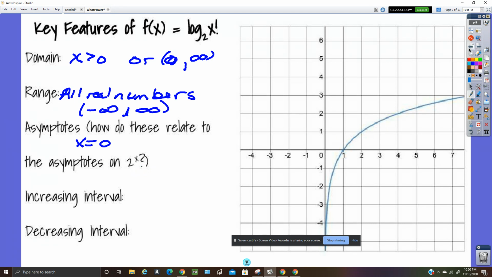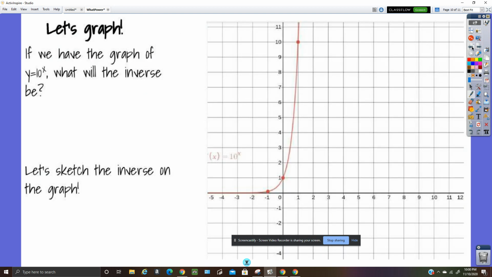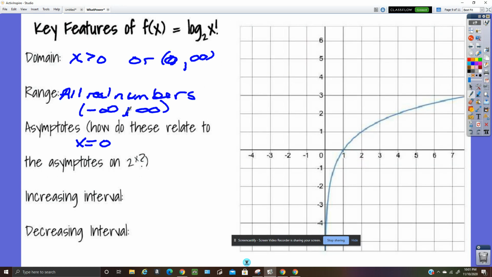I think I missed a slide here. Oh, I didn't finish this here. The asymptote is x equals 0. It goes here.